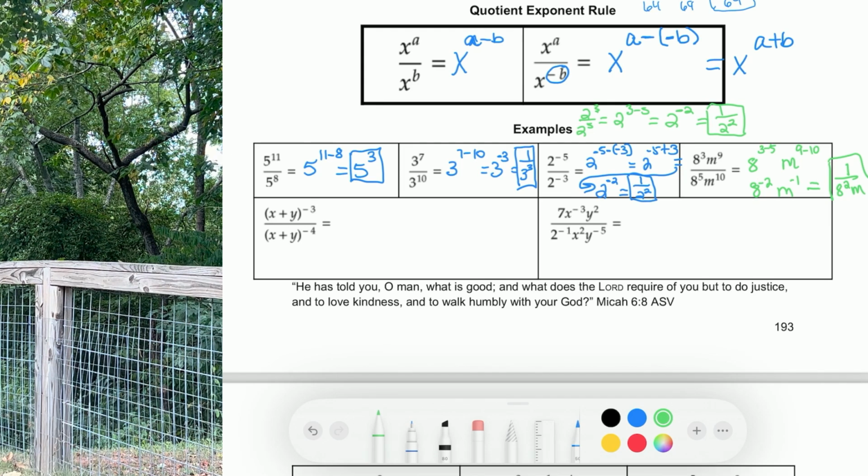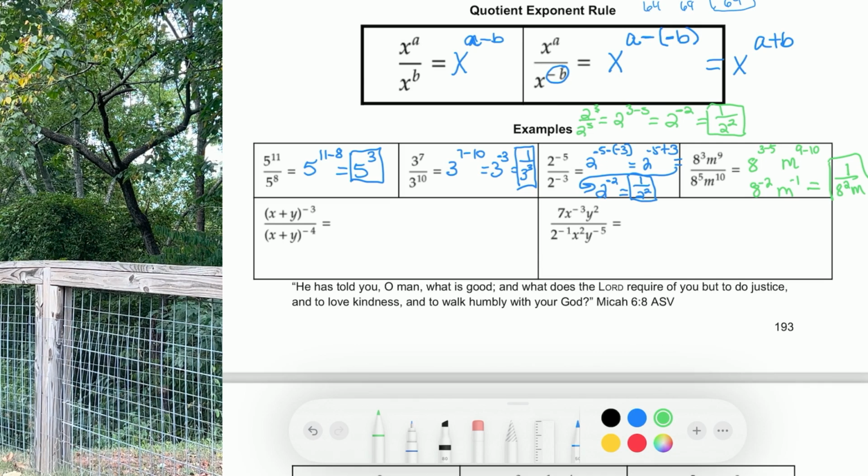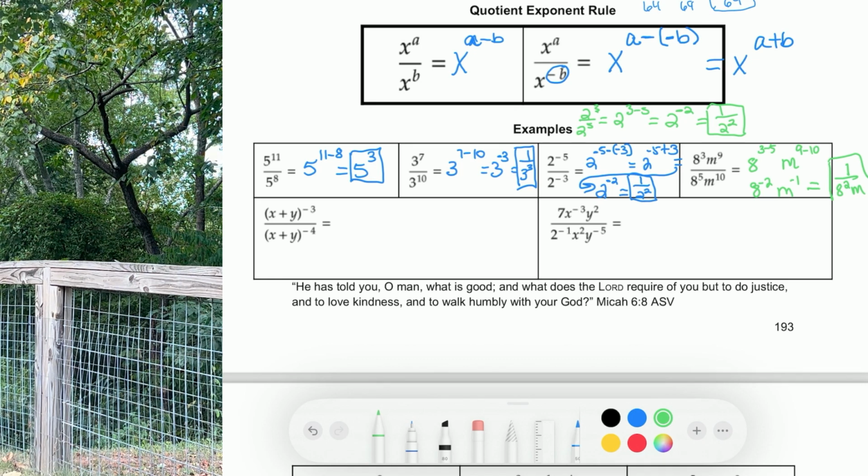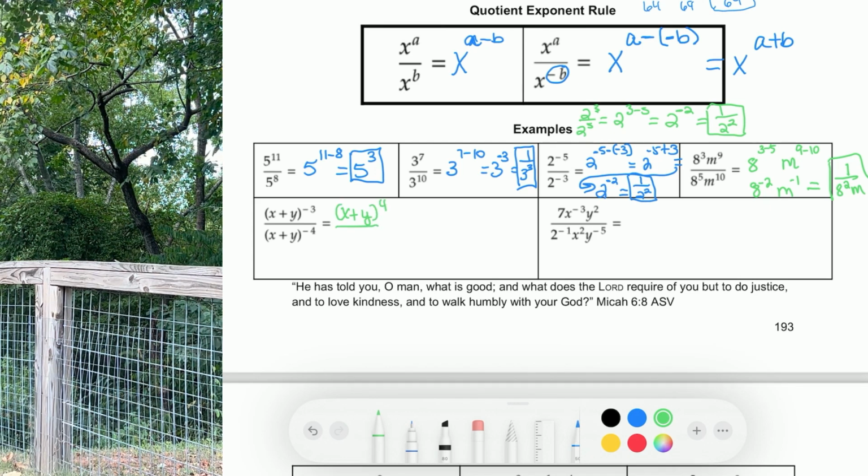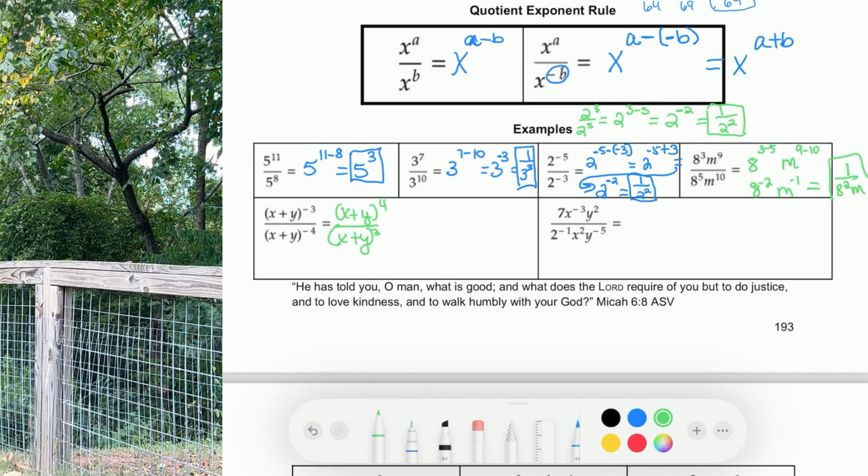All right, the next one has x plus y in parentheses with a negative exponent. The one under that has x plus y also with a negative exponent. I think the simplest thing to start out with is to flip it and get our positive exponents first. So let's see here. I'm going to say x plus y to the positive 4th power, and then x plus y to the positive 3 power.